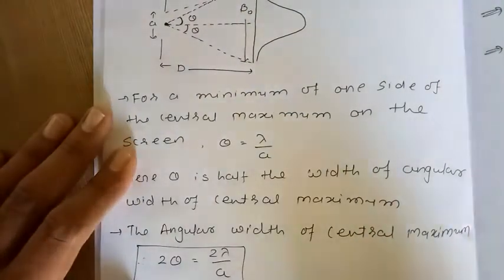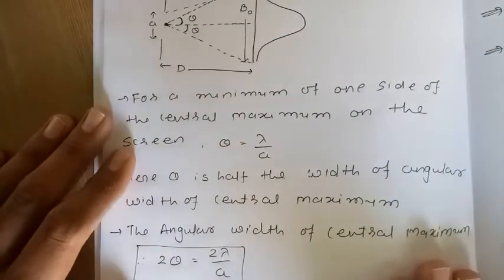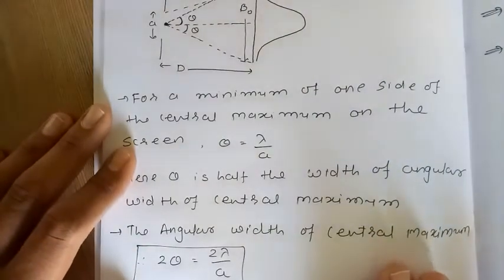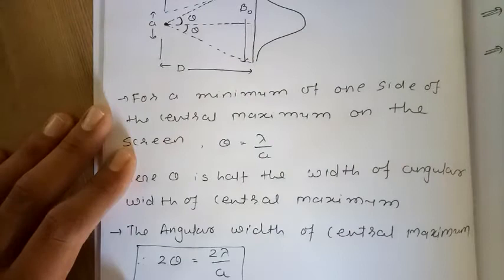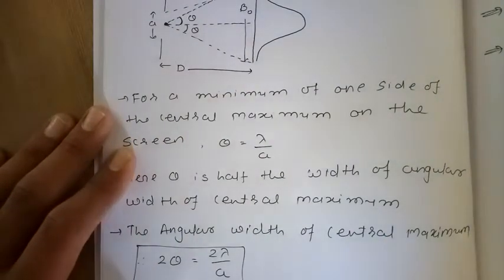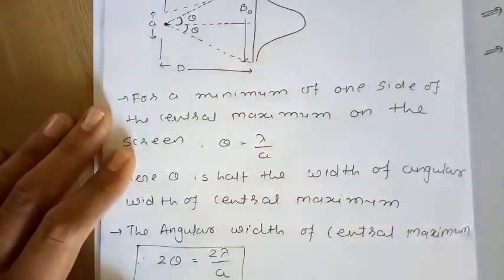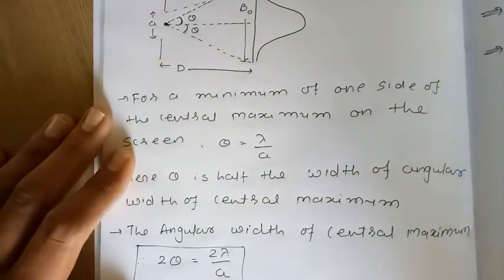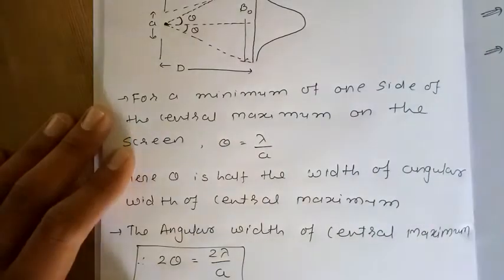Once again, the width of the central maximum is the distance between the first minimum on either side of the central maximum. Now we know that the width of the slit is small a, which is very small.